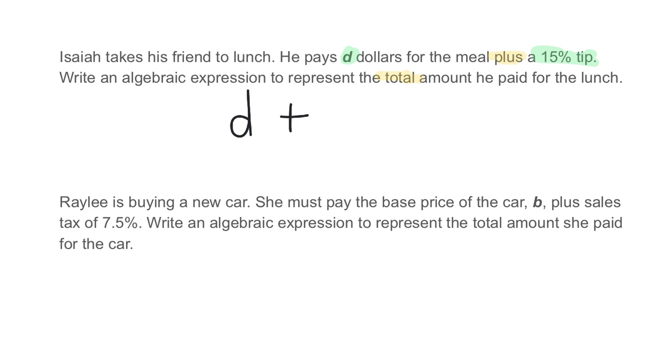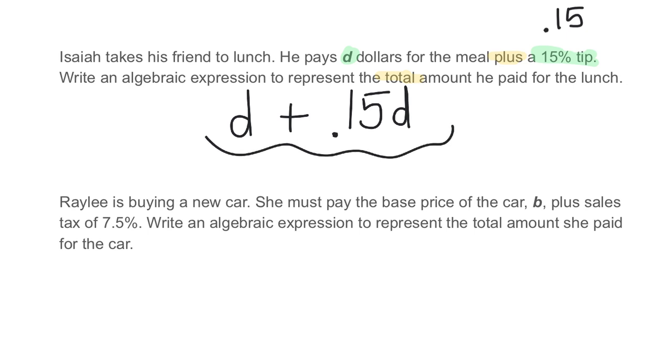So 15%, again, is going to turn into 0.15 before I can actually use it. I've got to move the decimal 2 times to the left. And since it's a percent, I put a variable with it as well. The word total and that word plus both told me I needed to add here. So D plus 0.15D. You also could simplify that into 1.15D. Either one would be an acceptable answer.